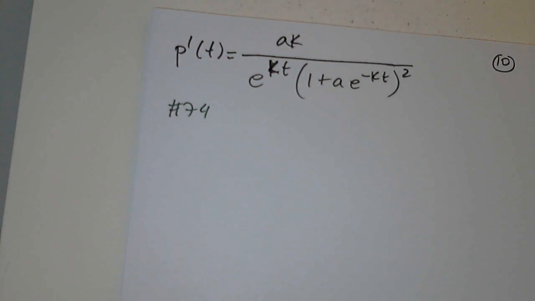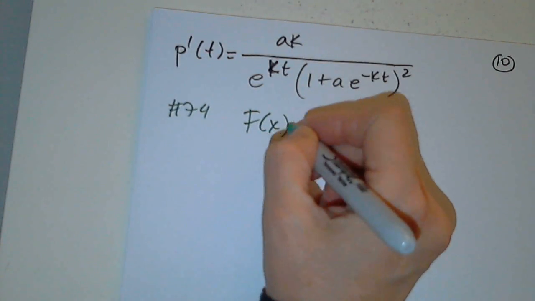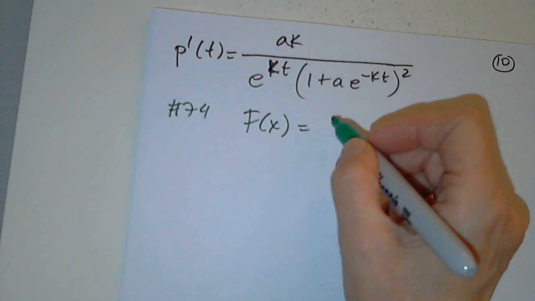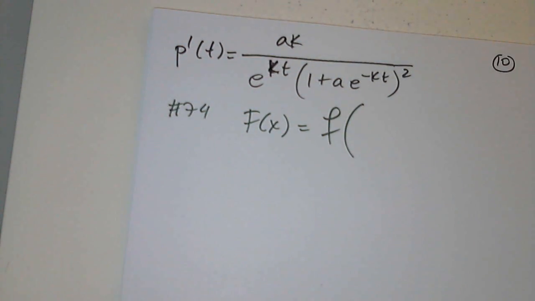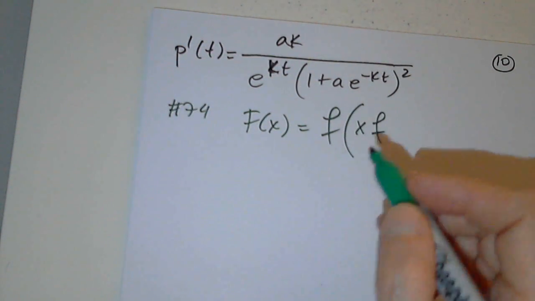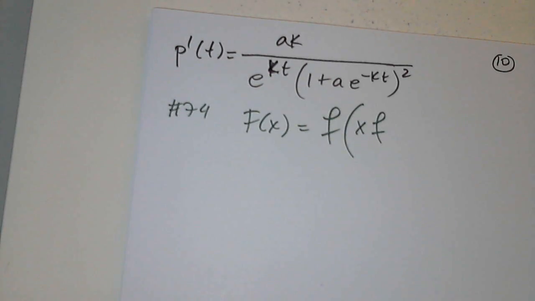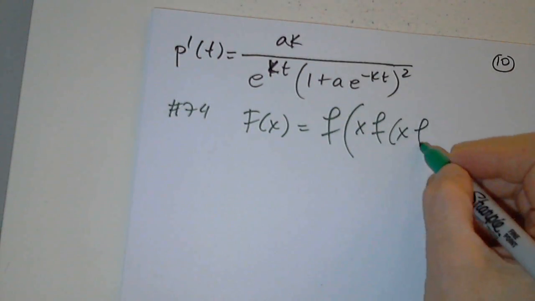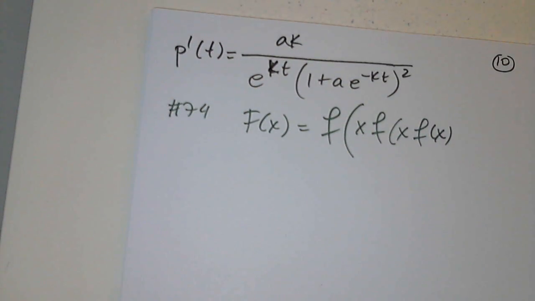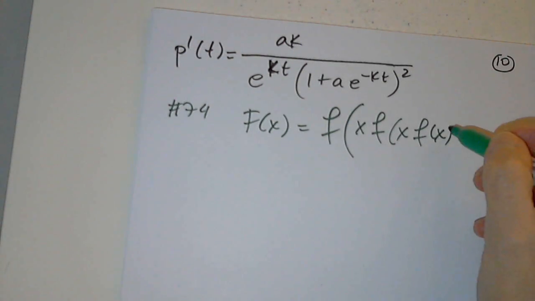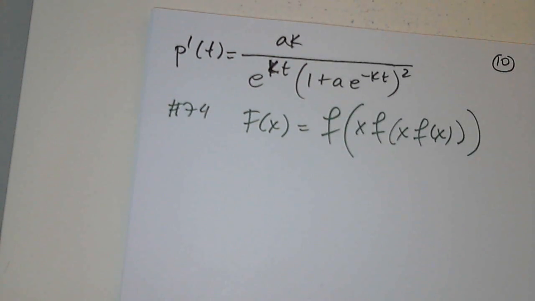Okay, 74. Show that the function f of x is given as f of x f of x, and x f of x in 3 parentheses, correct. 1, 2, 3.